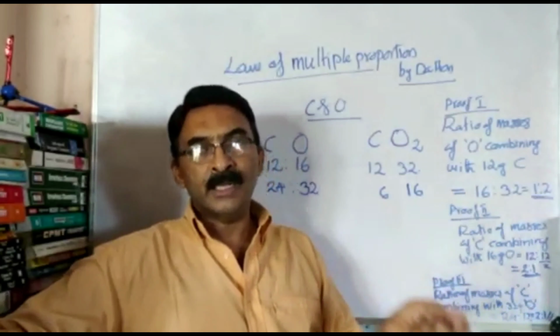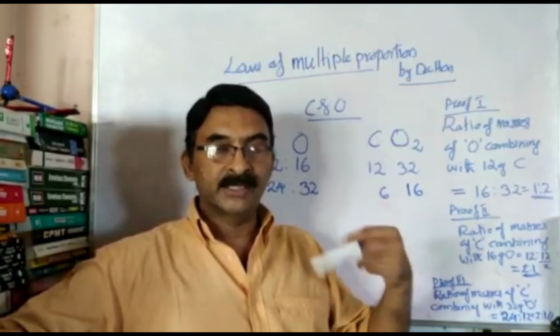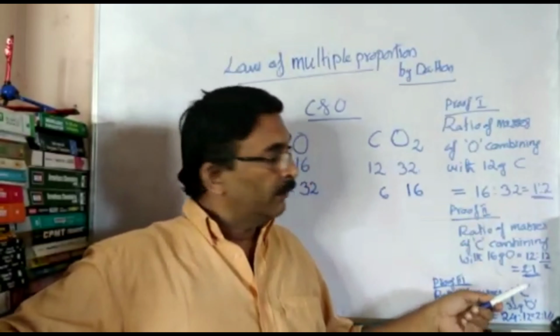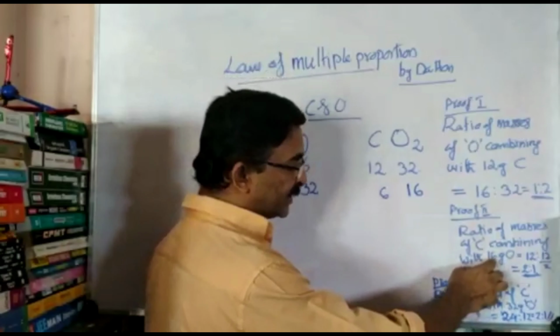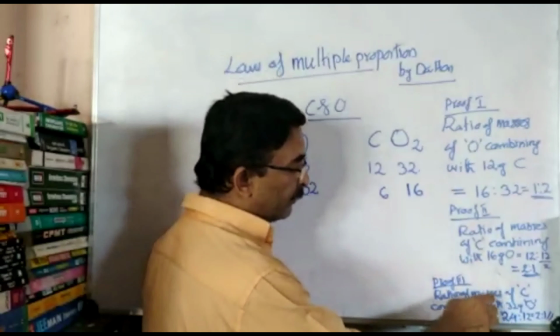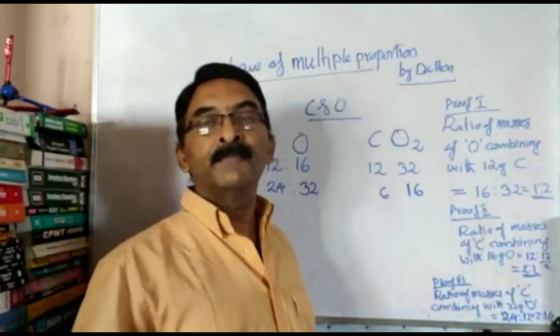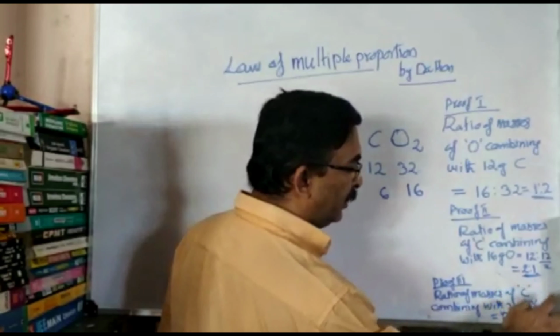So when the reference element was changed from one to the other, the ratio gets inverted. Further, for a given element, whatever standard mass we take, here we took 16 as the fixed mass, here we took 32 gram as the fixed mass, the ratio will be the same. 2 is to 1, 2 is to 1.